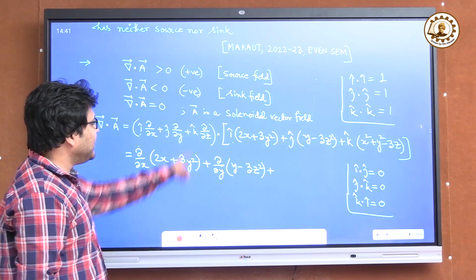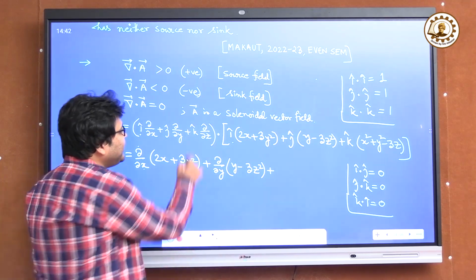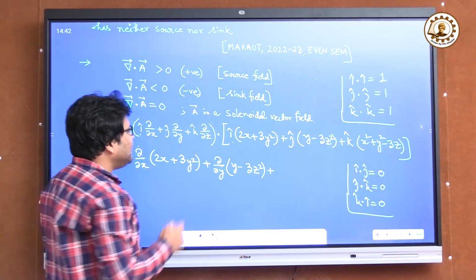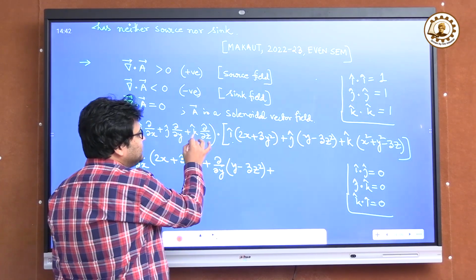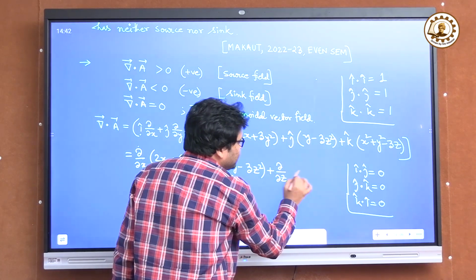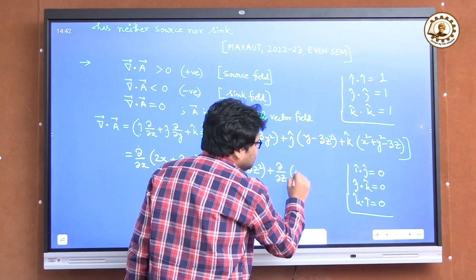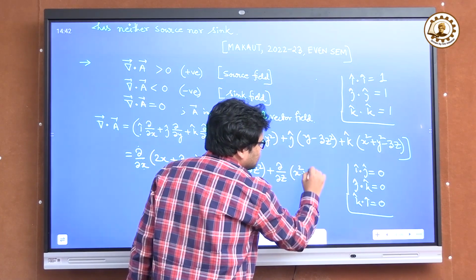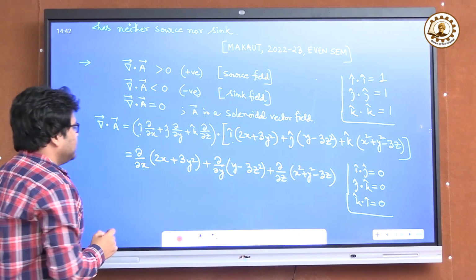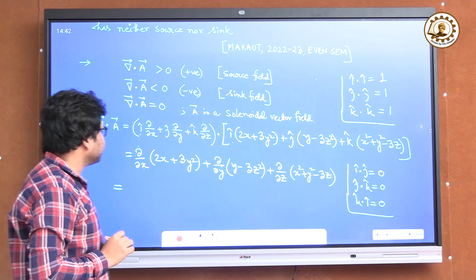Plus, similarly, in the k cap component, when it is multiplied with i cap or j cap it results 0. Only one term survives when we multiply k cap with k cap, so del z is going to act on the k cap component of the given vector field.